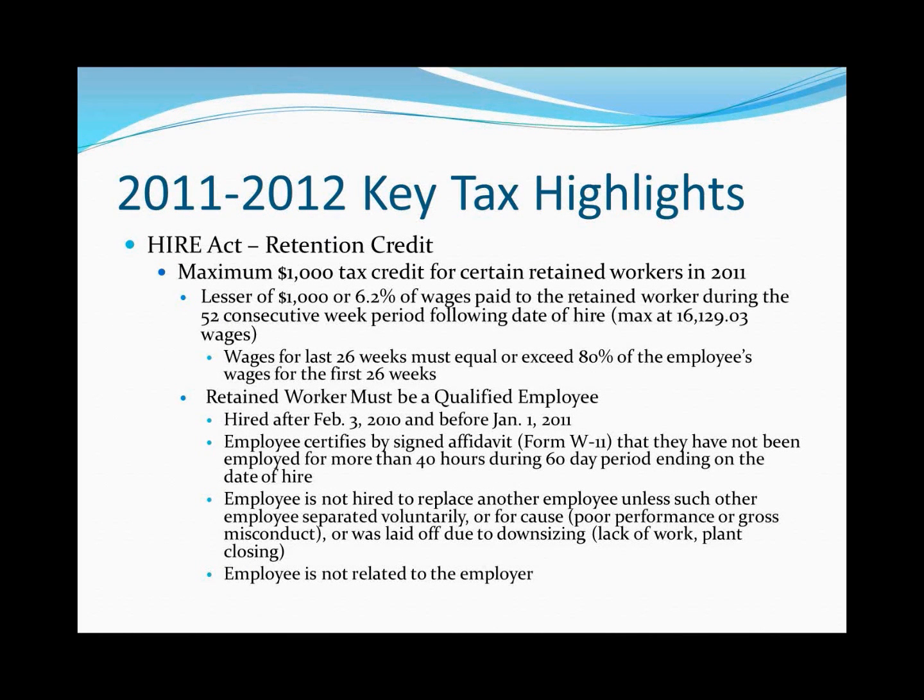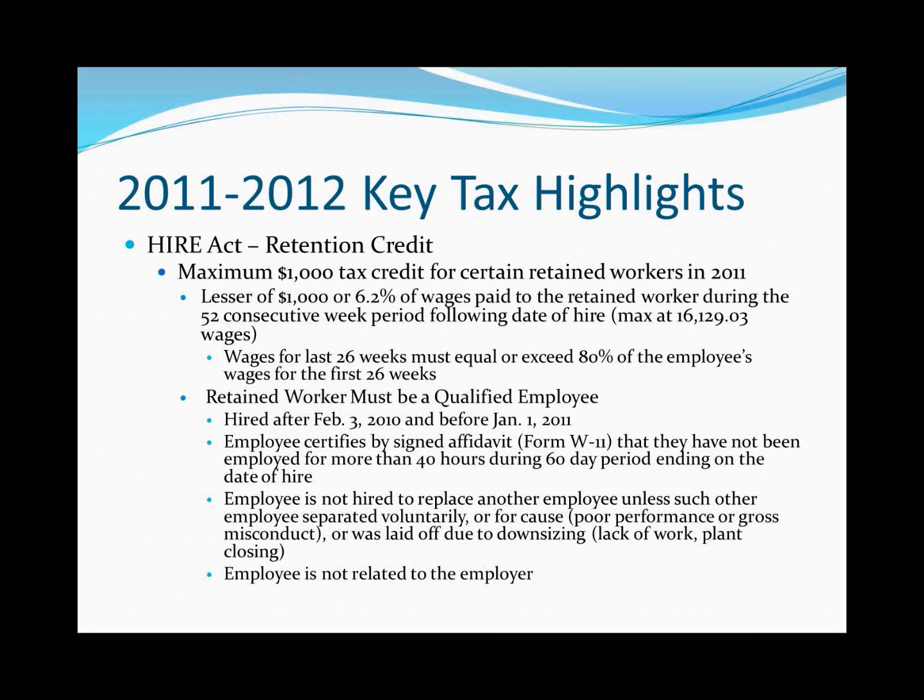So if you had one of those employees that qualified under what we were just discussing for the payroll tax exemption, then on the company's business tax return, whether it's for an S corporation, partnership, whatever, there's a $1,000 credit available if the worker was retained for certain periods of time. The credit is the lesser of $1,000 or 6.2% of the wages paid to the retained worker.